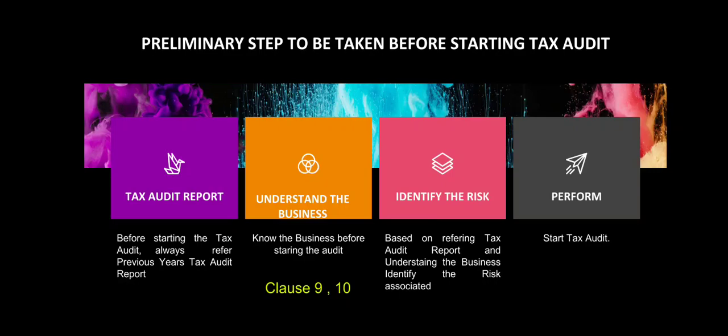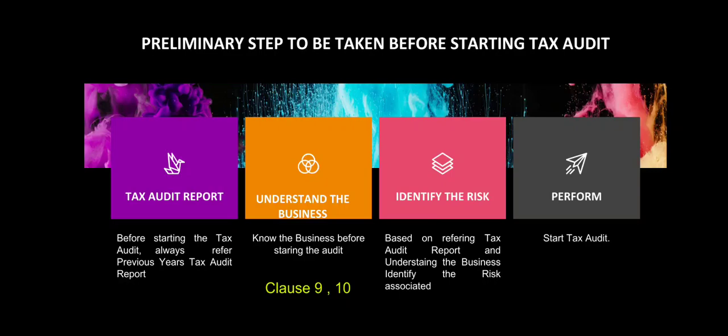If it is an association of persons, then how many members are there and what is their profit sharing ratio. We need to enter that in clause number 9a. And 9b requires information regarding any change in the current year regarding partners or members from the previous year. We need to enter those changes in 9b.